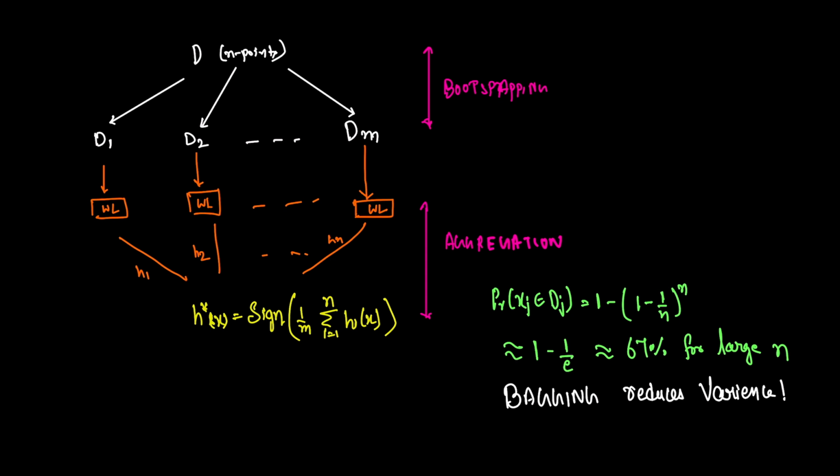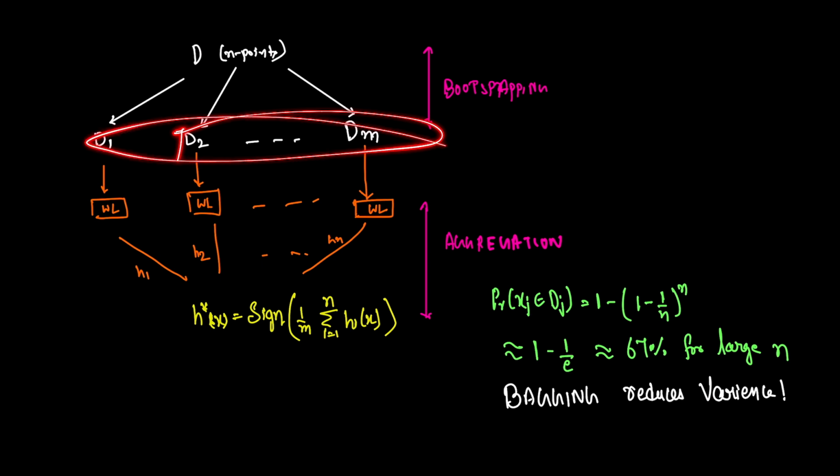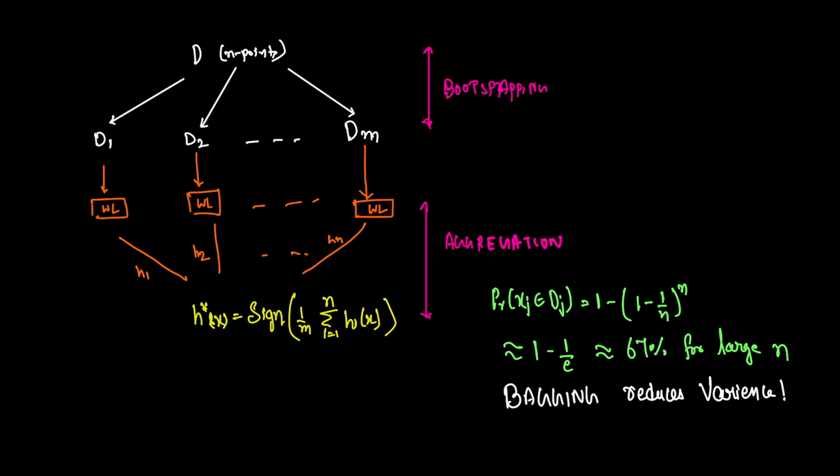And the probability that a data point xj belongs to a data set Dj is basically this much: 1 minus (1 minus 1 by n) raised to the power mn.